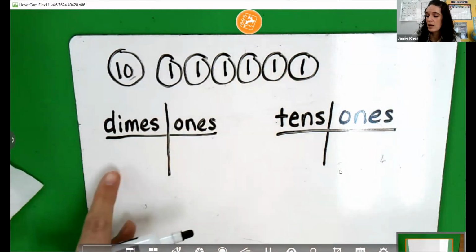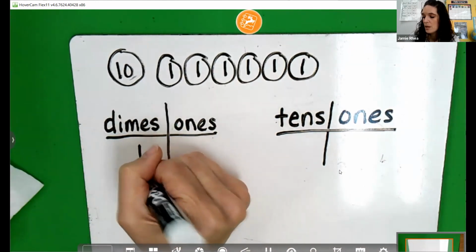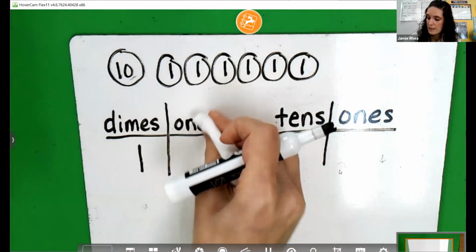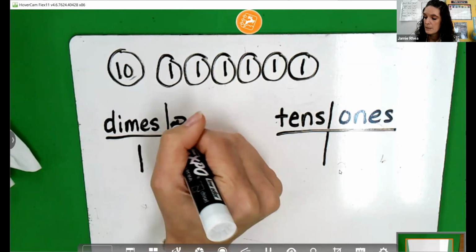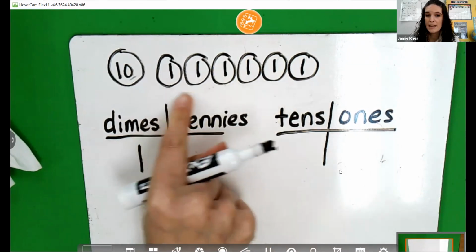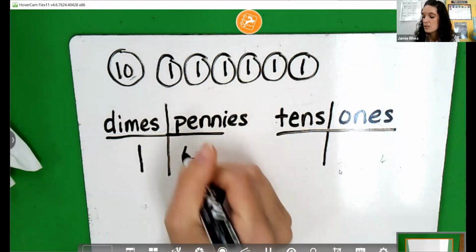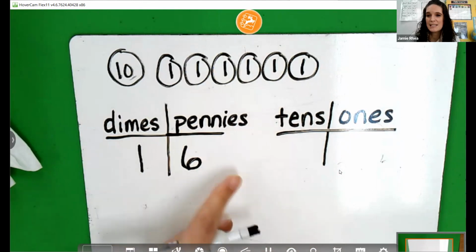So let's figure out how many dimes do I have? 1 dime. How many ones, or I'm sorry, that should say pennies. Let's fix that. My bad. Pennies. How many pennies do I have? Well, I knew I had 5, but I added one more, that makes 6. So 1 dime and 6 pennies makes 16 cents.